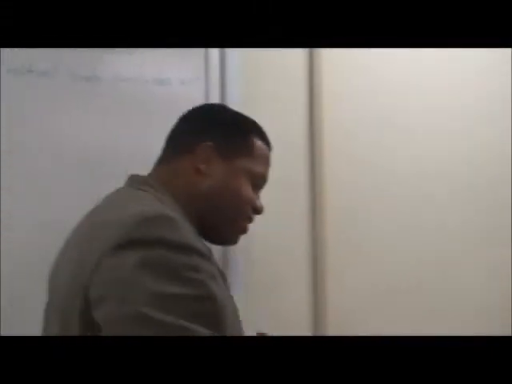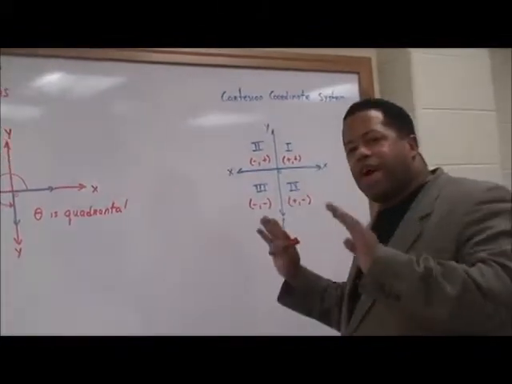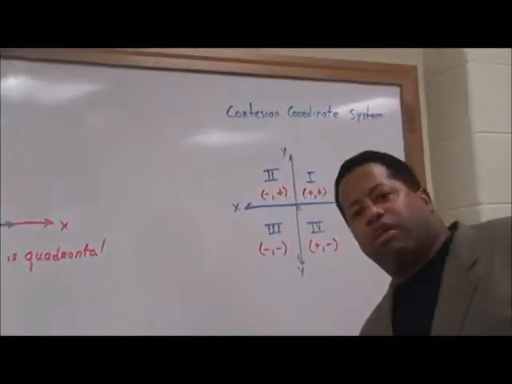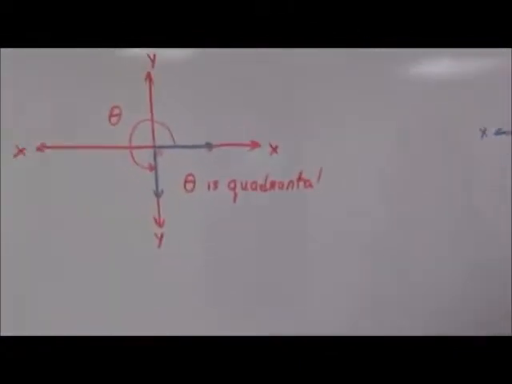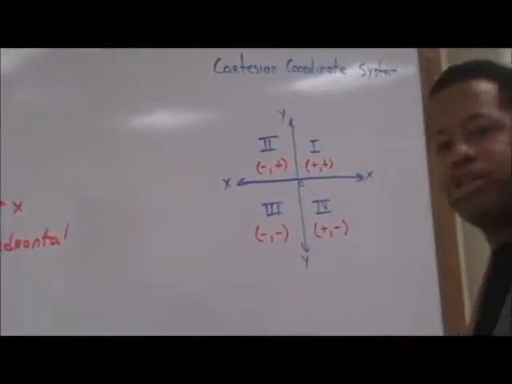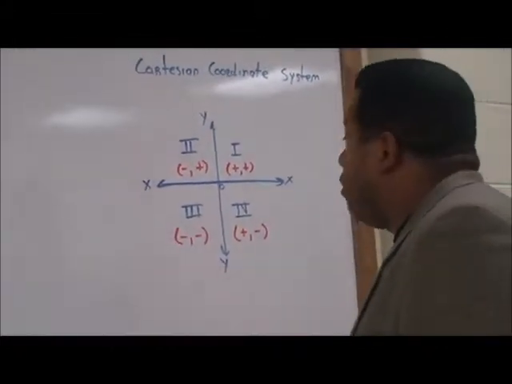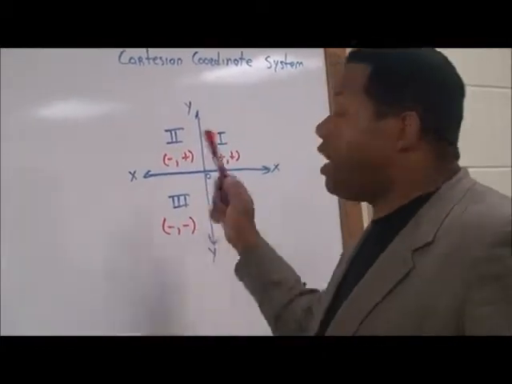Follow me. The Cartesian coordinate system. Let's review that. We know you're in trigonometry now, but it's always good to review the basics. You've got the x-axis, the y-axis, and the quadrants.